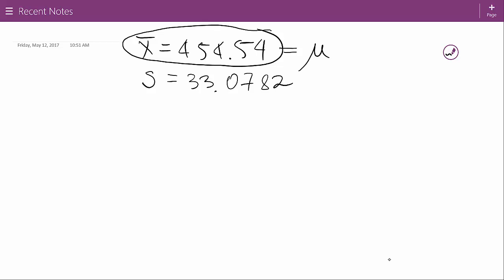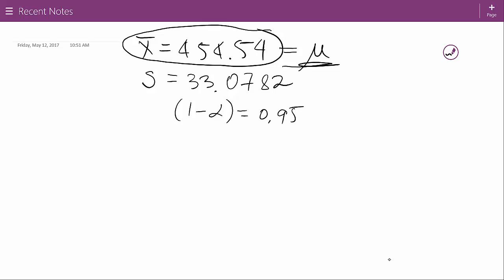How confident am I in this answer, that this is the actual mean? 0% confident, right? So now I want to become a little bit more confident. Okay, so let's say that we're going to use the standard level, 1 minus alpha, 0.95.